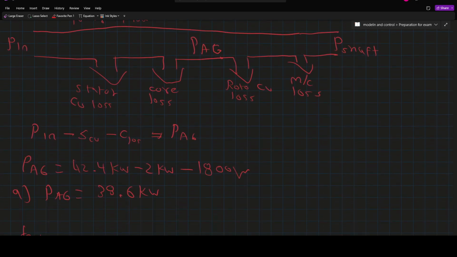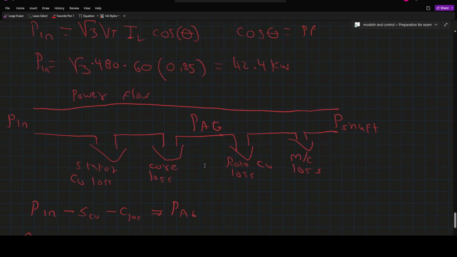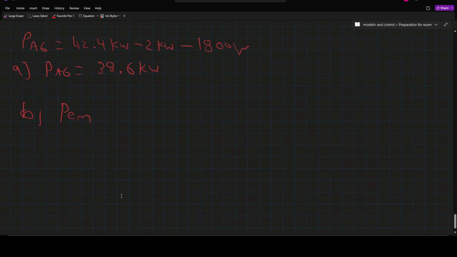For B, they are asking us the electromechanical power converted. So the electromechanical power, PEM, is what we get after we have the power that is going into the rotor and we subtract the rotor copper loss. So it's gonna be our air gap power minus our rotor copper loss.